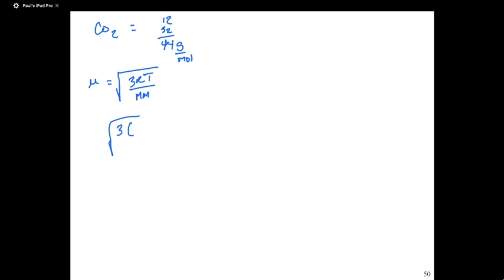Someone look up that R. It is 8 point what? 3 1 4. What is its units? Kilogram times meter squared divided by second squared times mole times Kelvin.